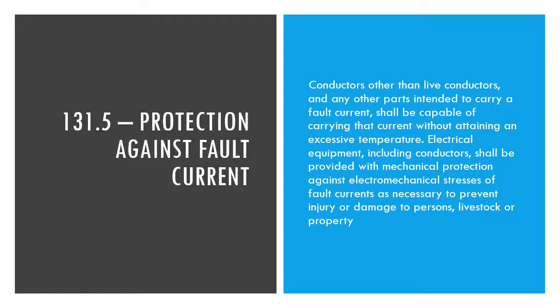Conductors other than live conductors and any parts intended to carry a fault current need to be capable of carrying that current. Electrical equipment, including live conductors, need to be provided with mechanical protection against any electromechanical stresses or any fault currents necessary to prevent injury or damage to persons or livestock or property.